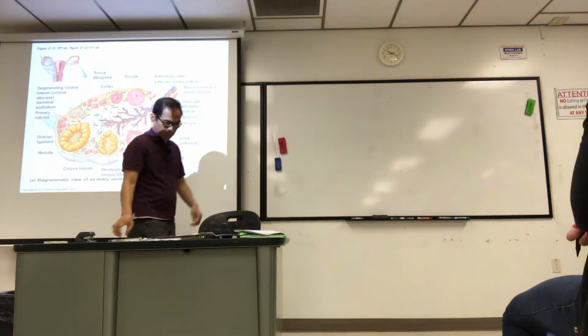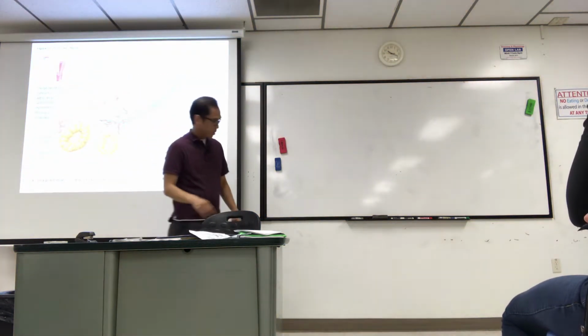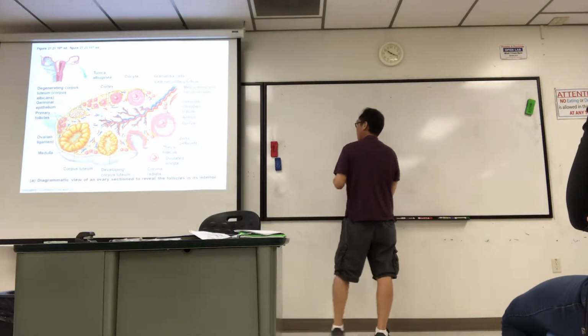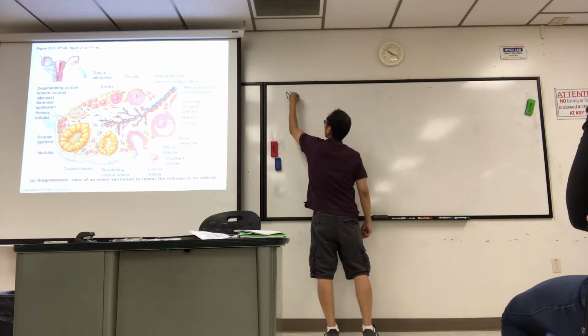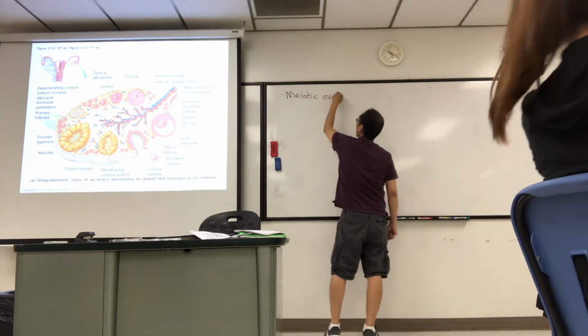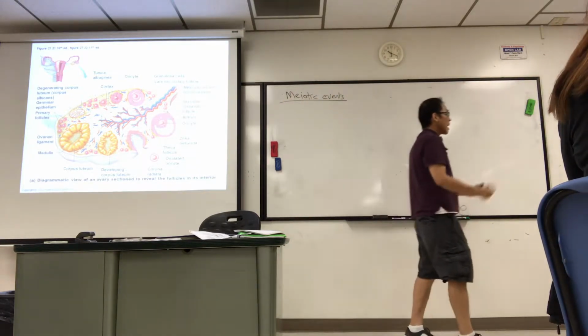So correlate your notes in a way where on one side, you keep track of meiotic events, and on the other, you're keeping track of what's happening in the ovary.